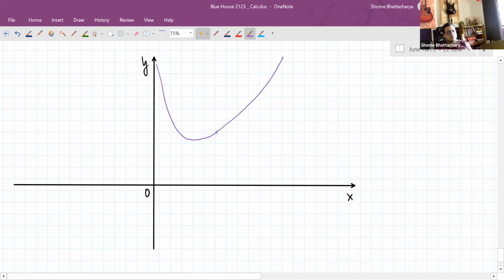And this side, it will be just symmetrical, like a mirror image. A proper, well-drawn graph should be exactly symmetrical.